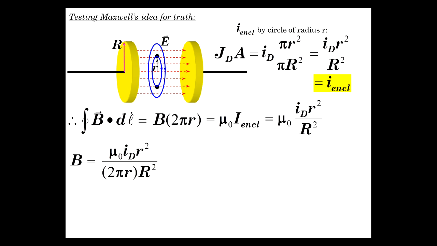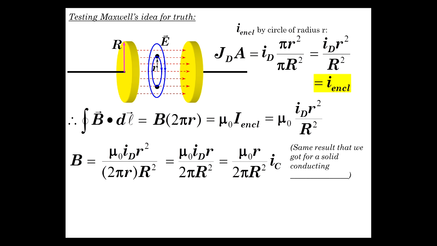Just divide that last expression by 2 pi r, and then one of the r's goes away. B equals mu 0 I_D r over 2 pi R squared, which looks very similar to what we got, mu 0 r over 2 pi R squared times I_C, the conduction current, for a solid conducting cylinder of uniform current density.